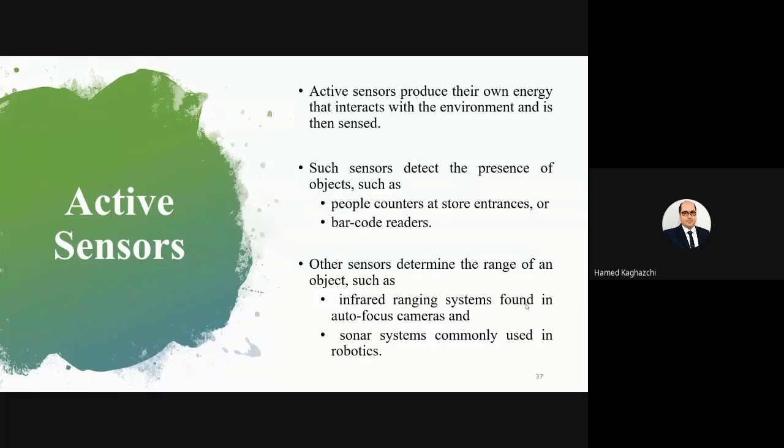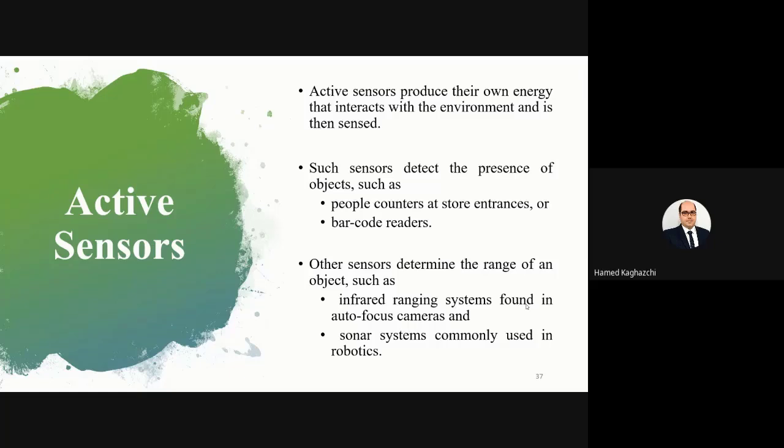Were passive sensors. What is the meaning of passive? Actually, it means that these sensors, like mechanical sensors, optical sensors, acoustic sensors, and so on, all of them detect the energy that is produced by another source.